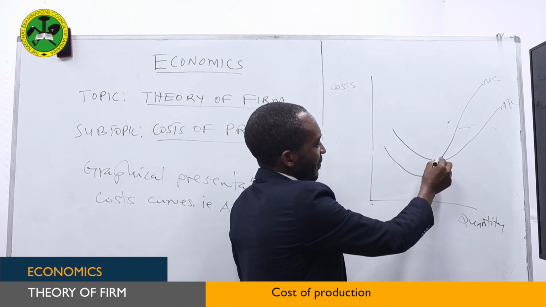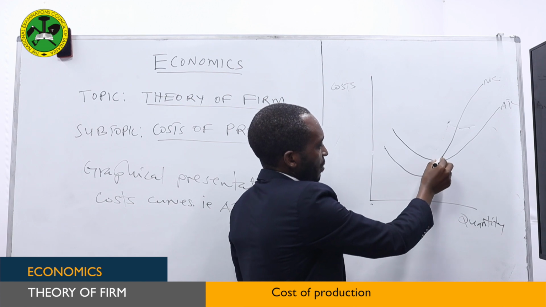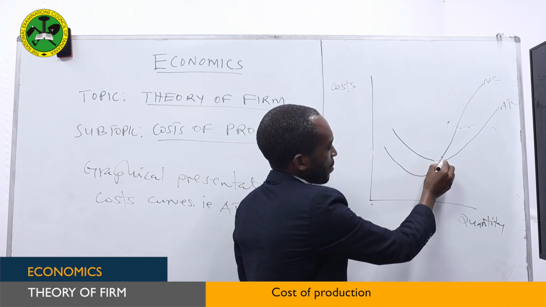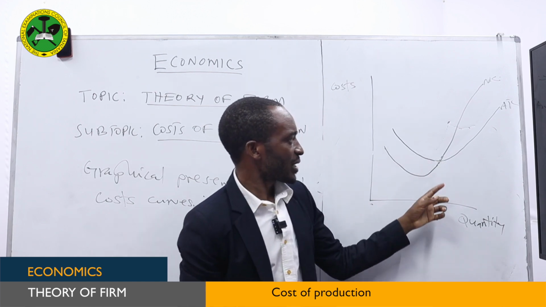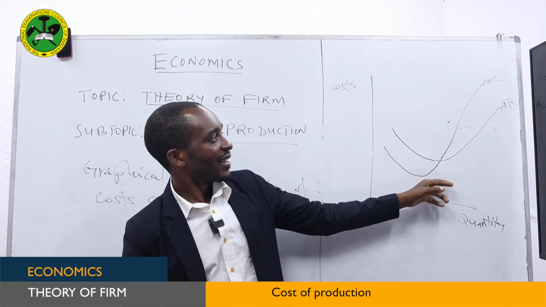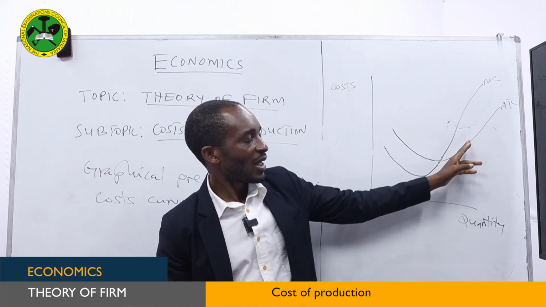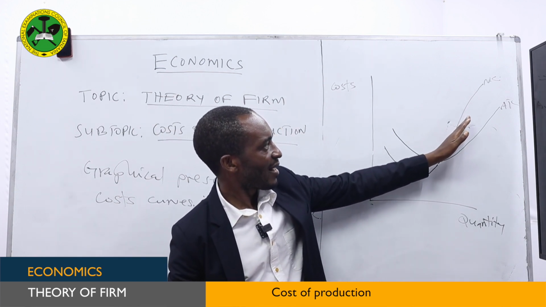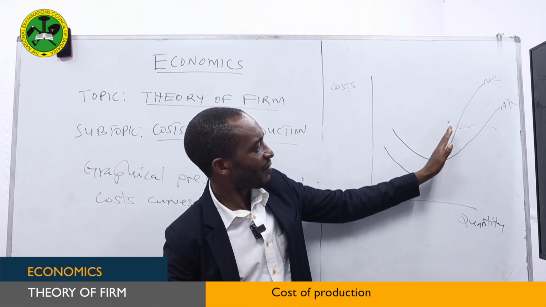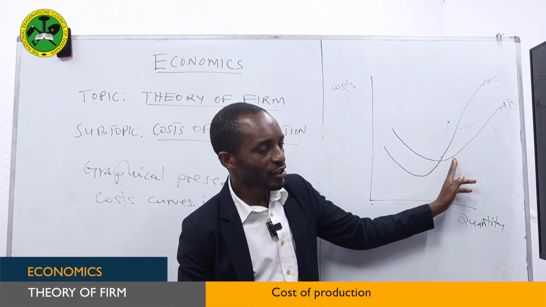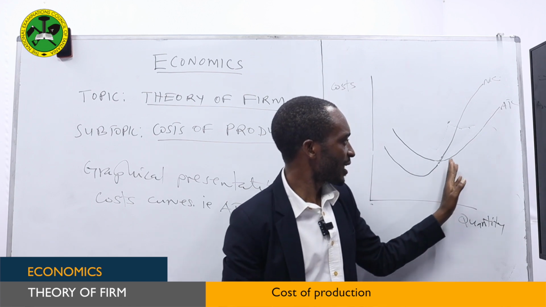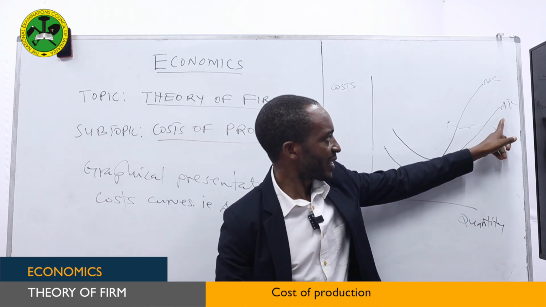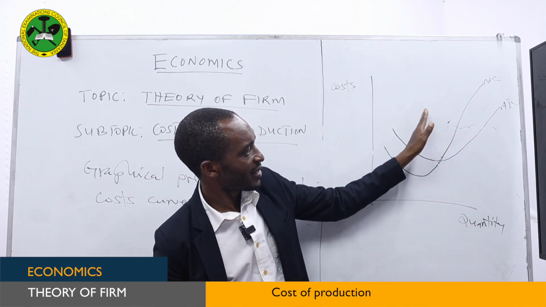When the average total cost is at a minimum, the marginal cost is equal to average total cost. Now, when the marginal cost is above, the average total cost starts to increase. So as average total cost is increasing, the marginal cost is above.